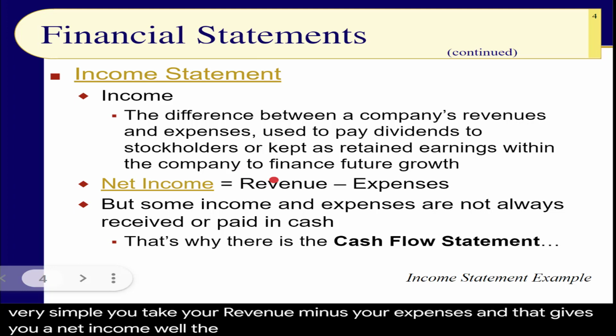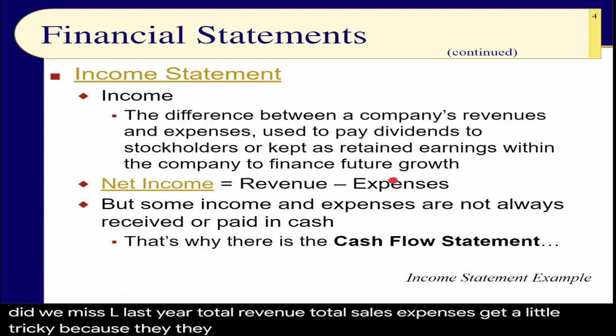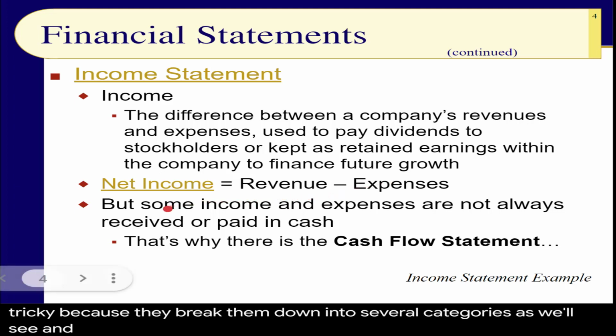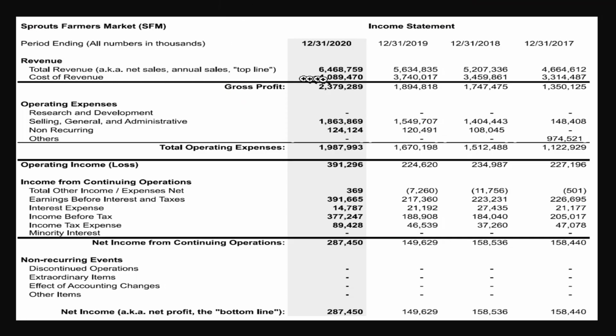Well, the revenue is pretty straightforward. How much did we sell last year? Total revenue, total sales. Expenses get a little tricky because they break them down into several categories, as we'll see. And before we finish up here, let's take a look at the income statement for Sprouts. And we see that Sprouts' revenue has been doing pretty well of late.